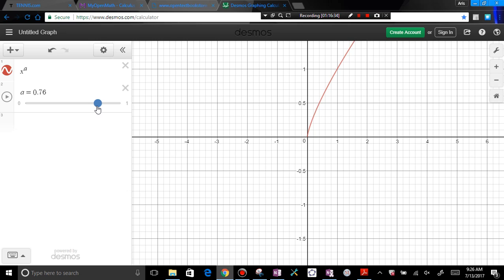Oh wait, what's that one? That still doesn't look like it works, does it? What in the world is special about 0.76? They won't even let me zoom.